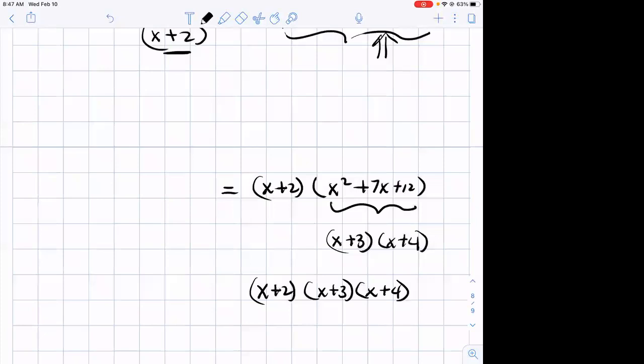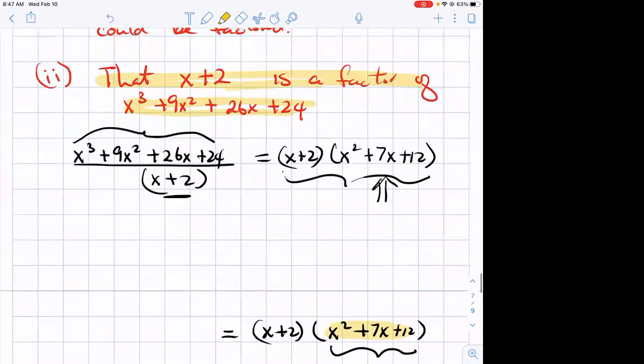So long division will help you to find the factors of the polynomial, because you should be very proficient at how to factor a quadratic. You may not be proficient at how to factor a cubic, but by knowing a factor, you're able to break that cubic down into a quadratic.